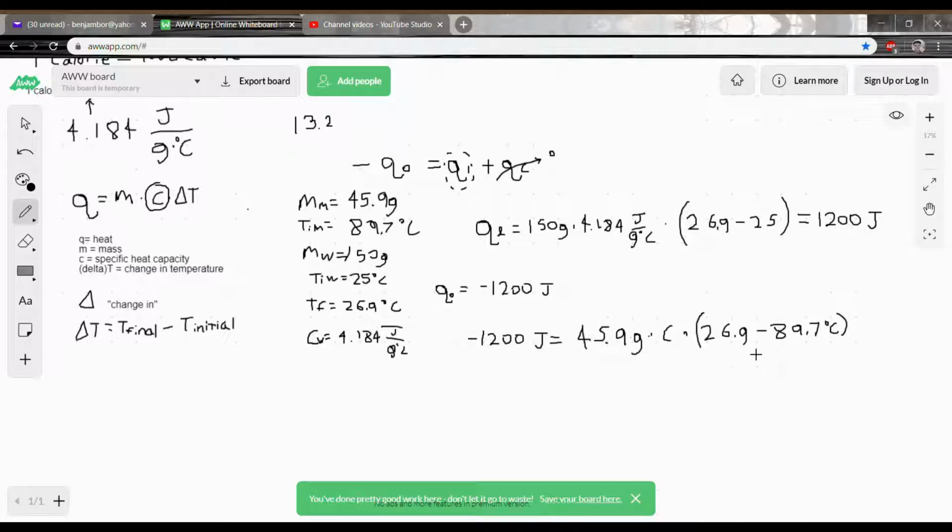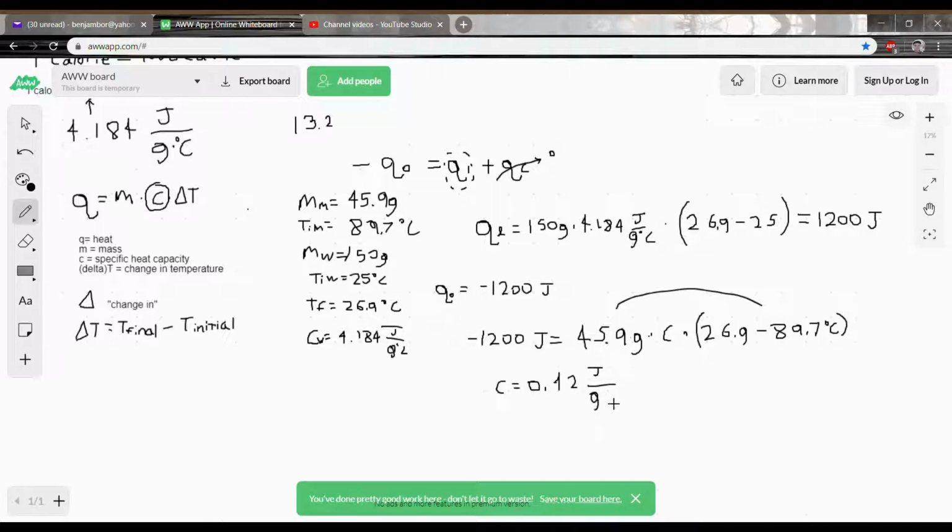Now, doing the math here, we're going to subtract this, multiply this, and then divide the negative 1200 by these two, saying that quickly because you've all done this kind of math. We're going to find that our specific heat capacity will equal 0.42 joules per gram degrees Celsius.